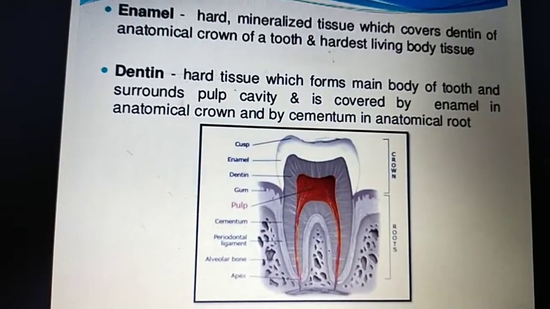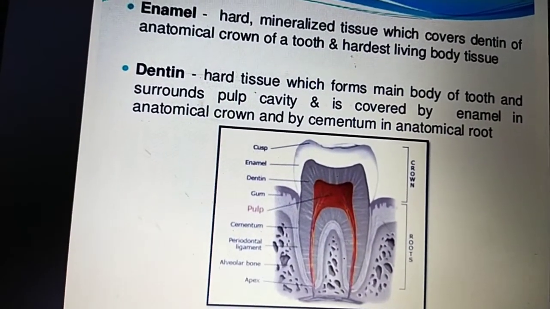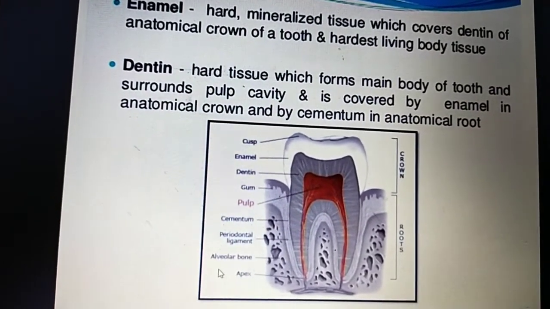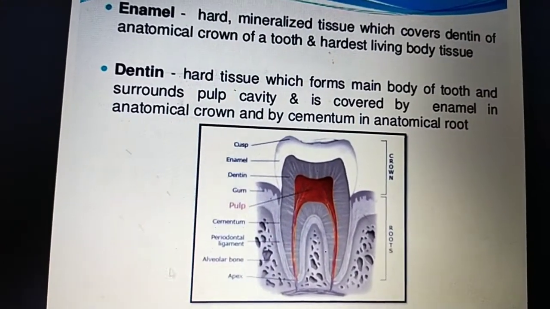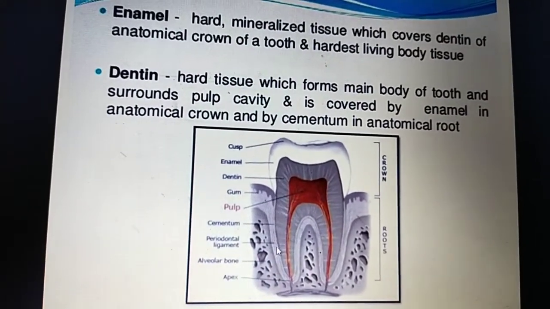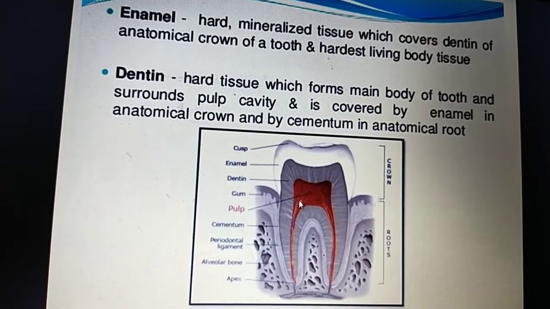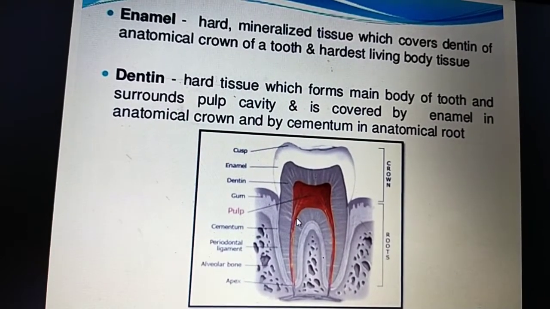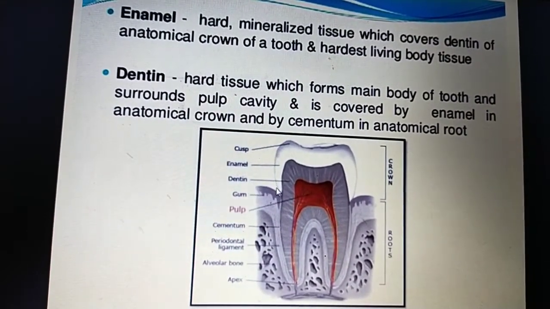Okay, this is a substance between the enamel and cementum and the pulp chamber. Above it is enamel, and below it is cementum and the pulp chamber. This is the pulp cavity, or pulp chamber, or pulp canal.